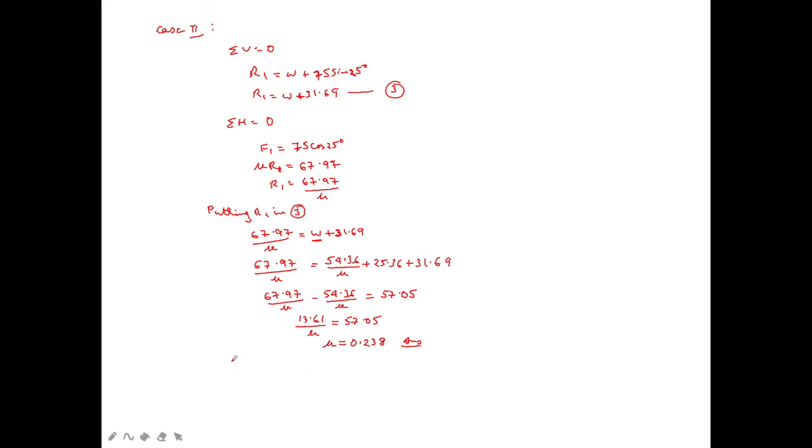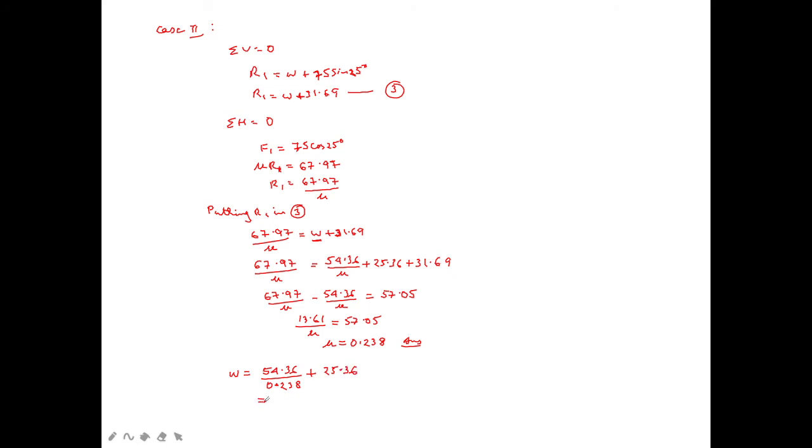Now you have to calculate W also. You put the value of mu in equation 2. Putting the value of mu in equation 2, we'll get W is equal to 54.36 upon the value of mu we already got, 0.238, plus 25.36.